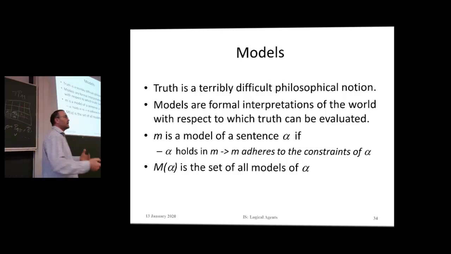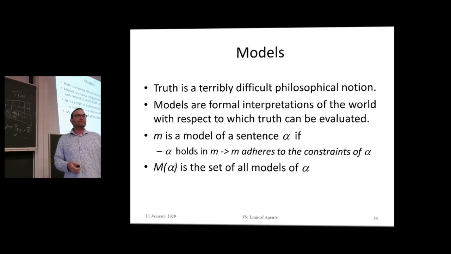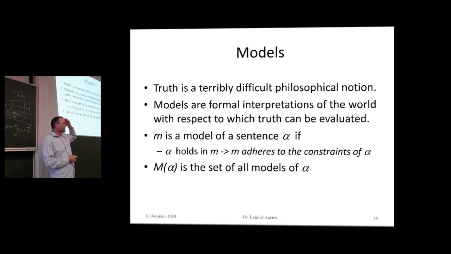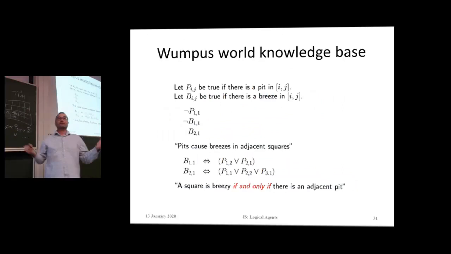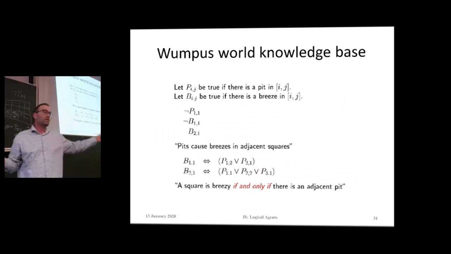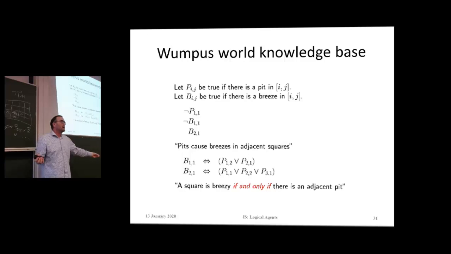Yeah? And then we can define all the models that do this. So, for example, on the previous slide, we have not P11. We know that there is no pit in 1-1. So basically, a model for this one statement, if it was in isolation, would be that P11 has to be false.